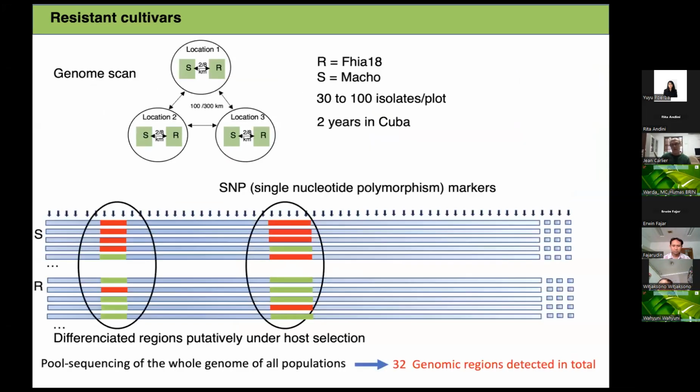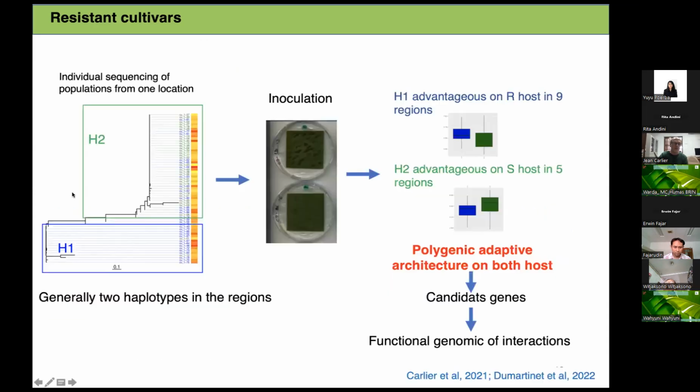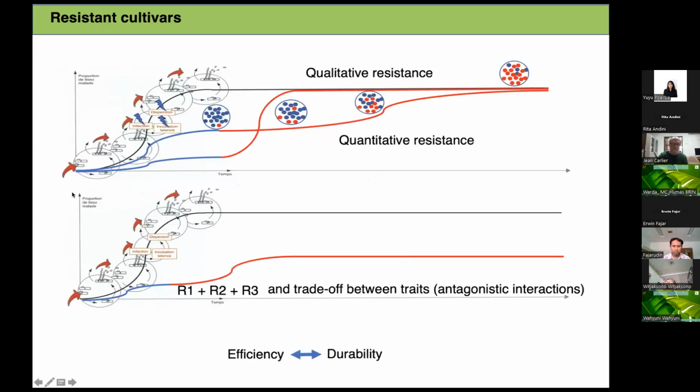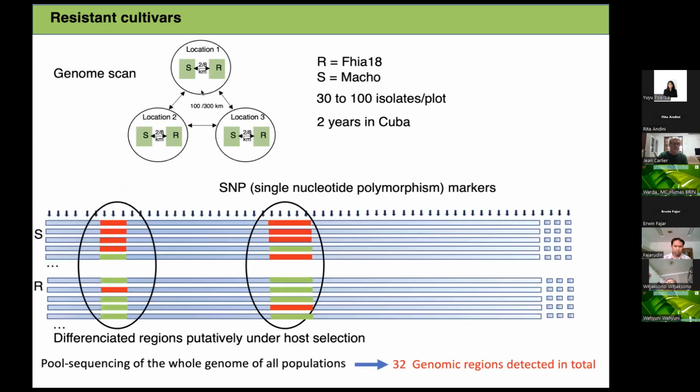And to elucidate the genetic support of this adaptation, we used a population genomic approach, a genome scan approach. In this approach, we compare the samples coming from the susceptible and the resistant plots with SNP markers distributed along the genome, with whole sequencing of full individuals, in order to detect differentiated regions.